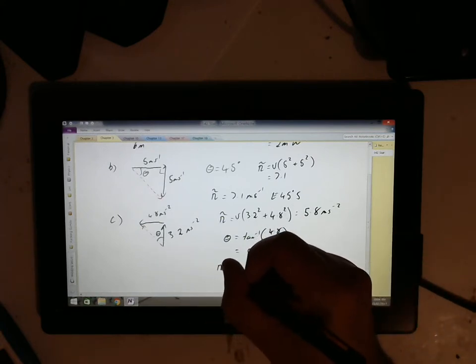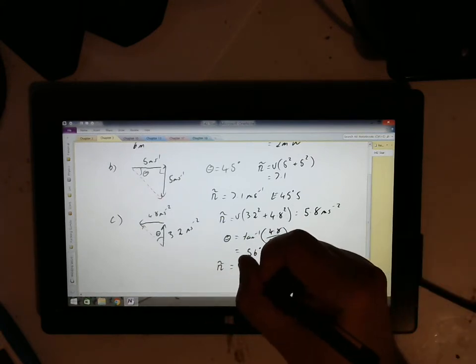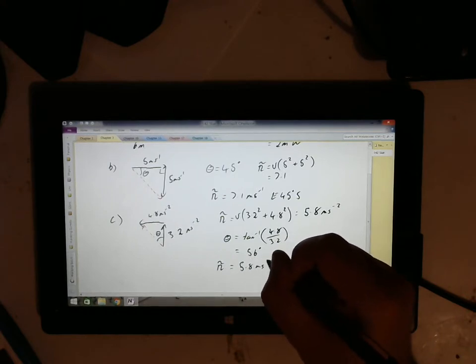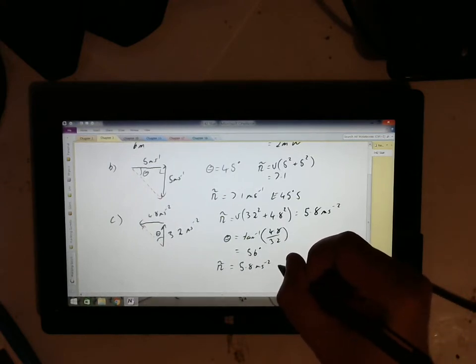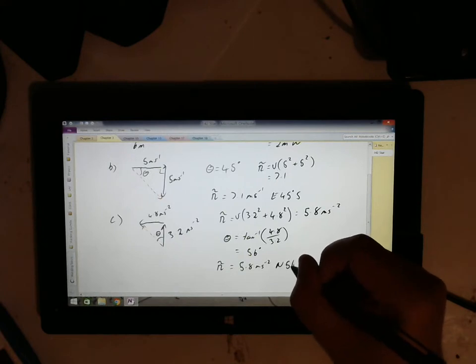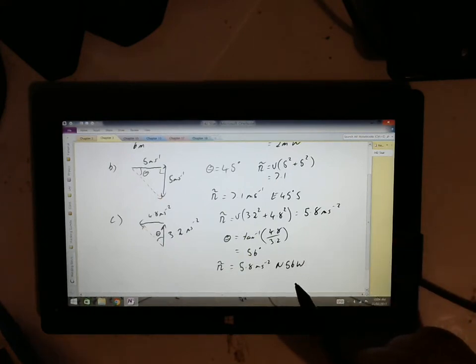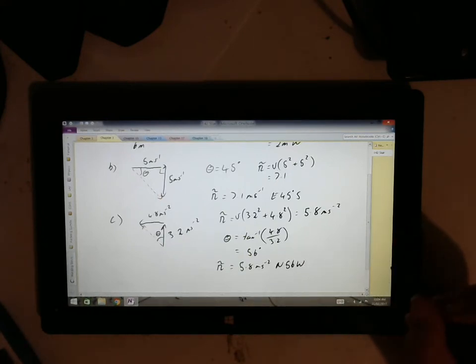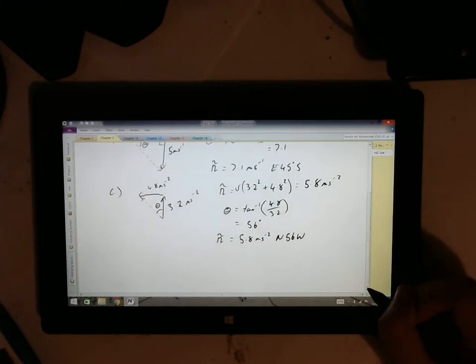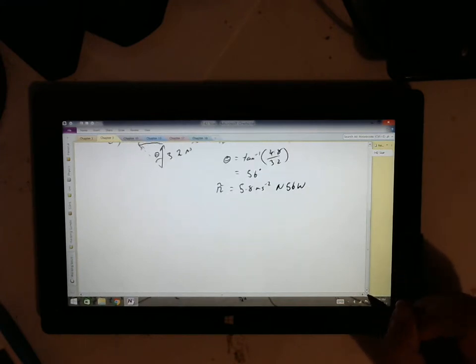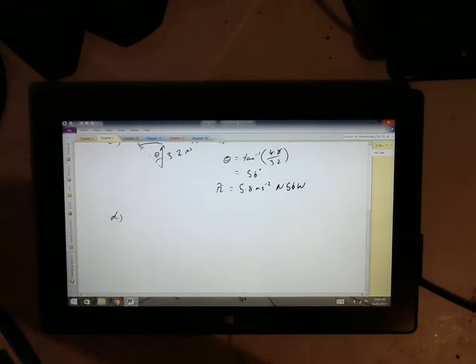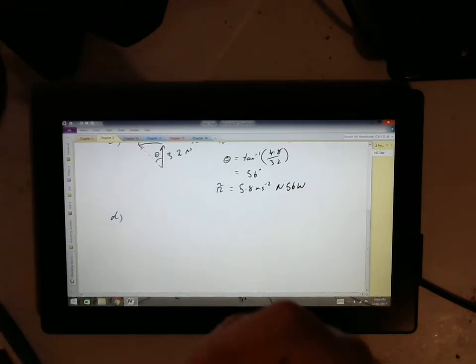So our r vector equals 5.8 meters per second squared with north 56 west, or we could go 146 degrees would also be appropriate if we went from the positive x-axis.